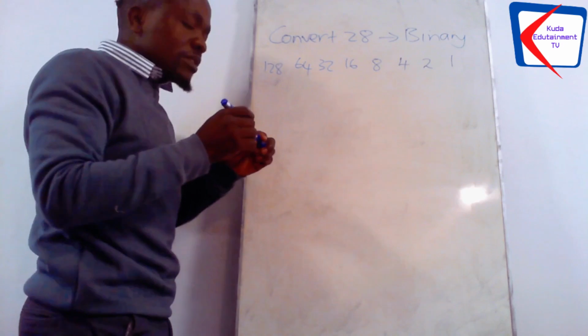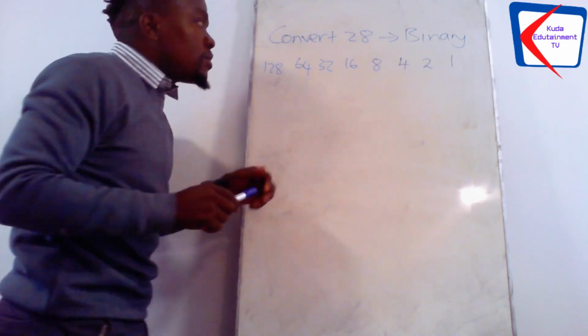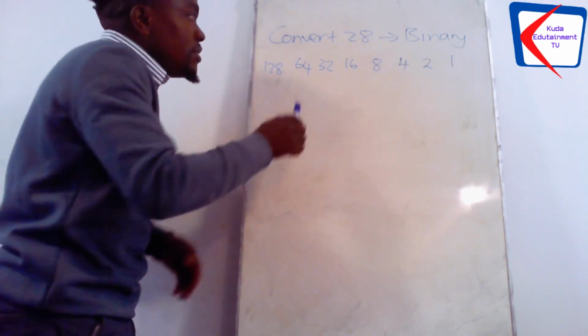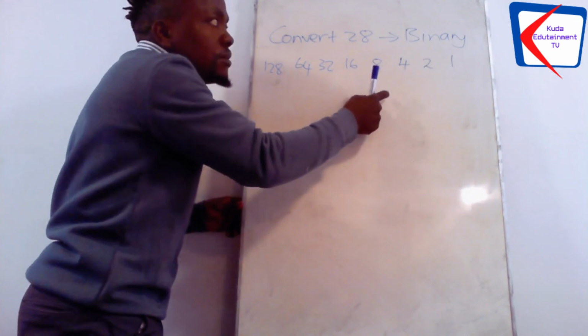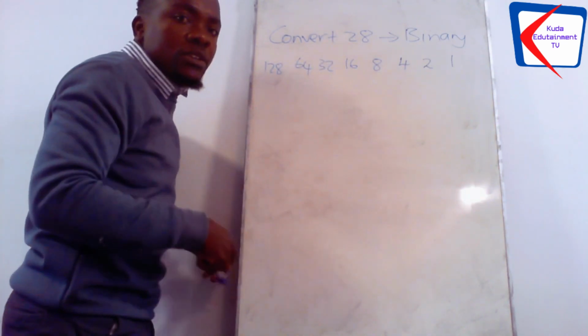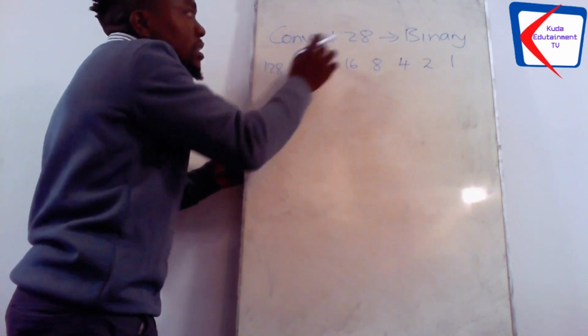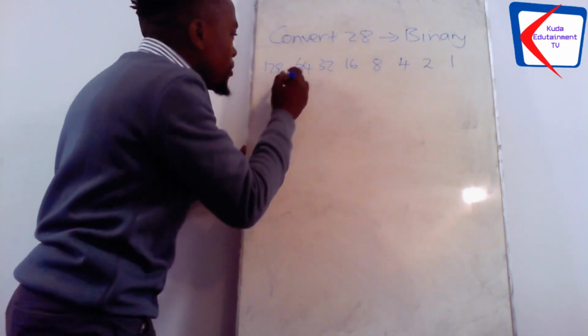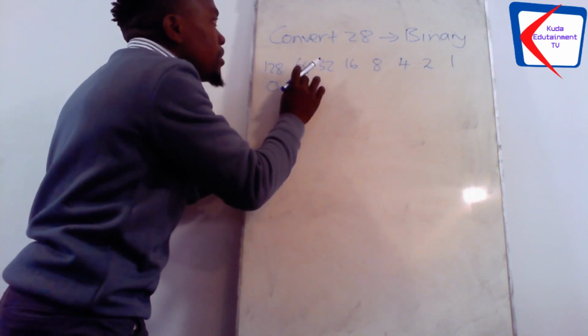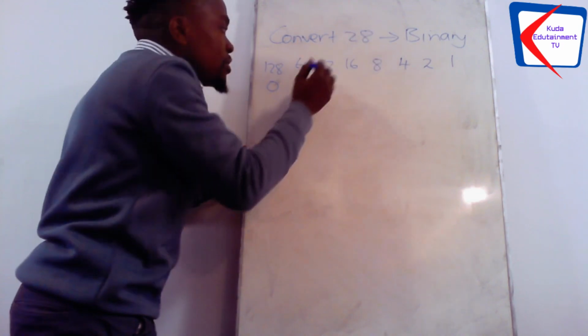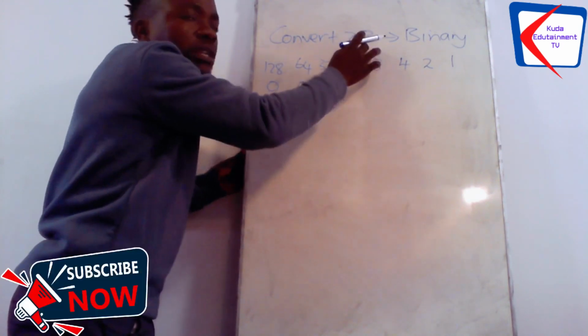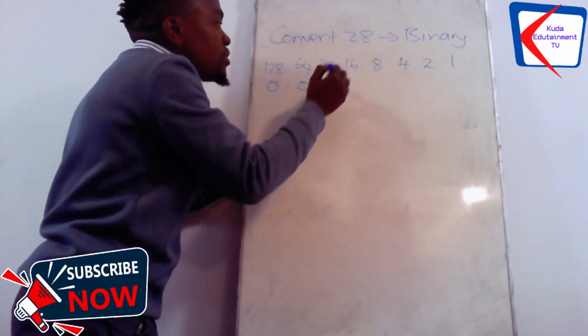Like I demonstrated yesterday, we simply consider the units that, if we add them together, give us 28. 128 is greater than 28, so we switch off. 64 is greater than 28, we switch off. 32 is greater than 28, we switch off.